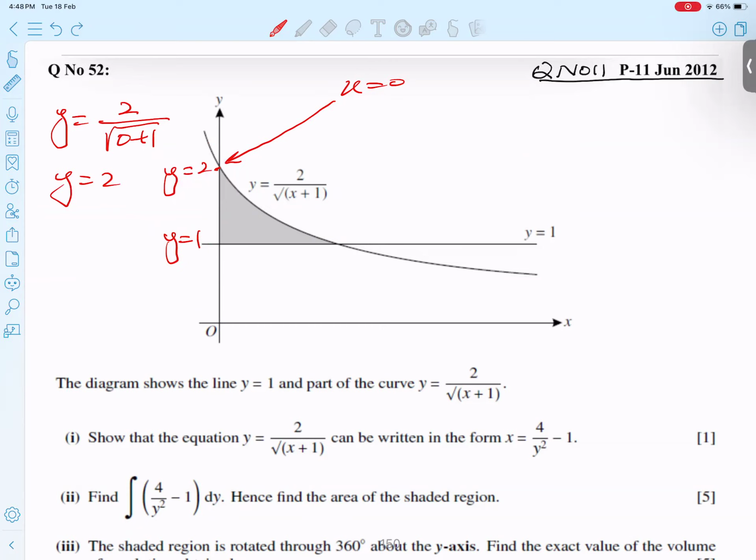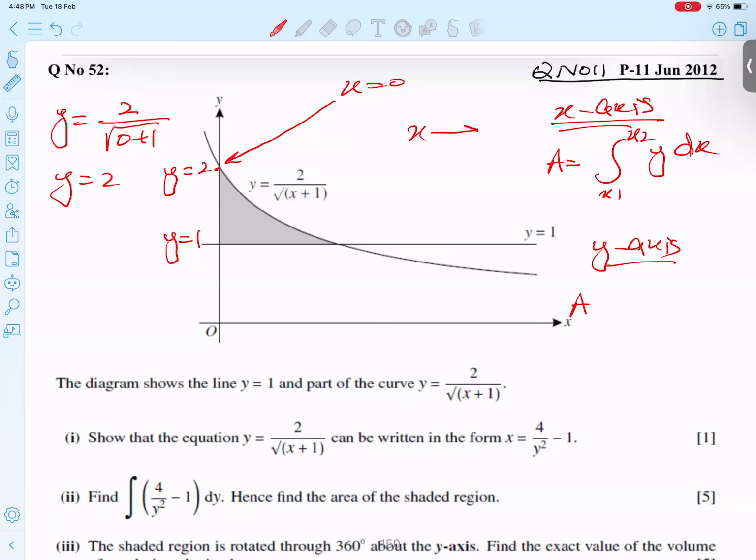And simple, I will do integration, but make sure if we are integrating about the x-axis, what is the area formula, students? The area formula is the integral from x1 to x2 of y dx. But if you want to integrate from the y-axis, every variable changes: x becomes y and y becomes x.